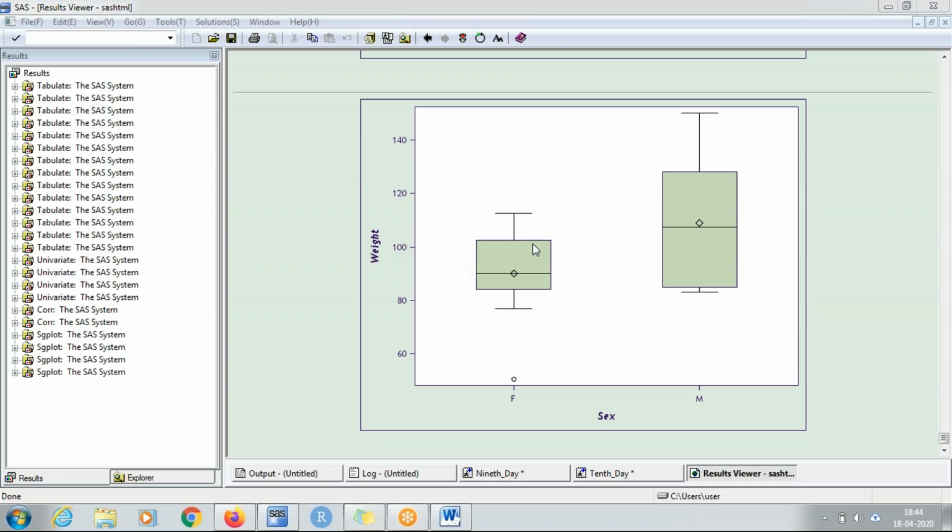The formula for whisker calculation is: any value which is Q3, meaning quartile 3, plus 1.5 IQR is an outlier. Any value which is greater than this is an outlier.